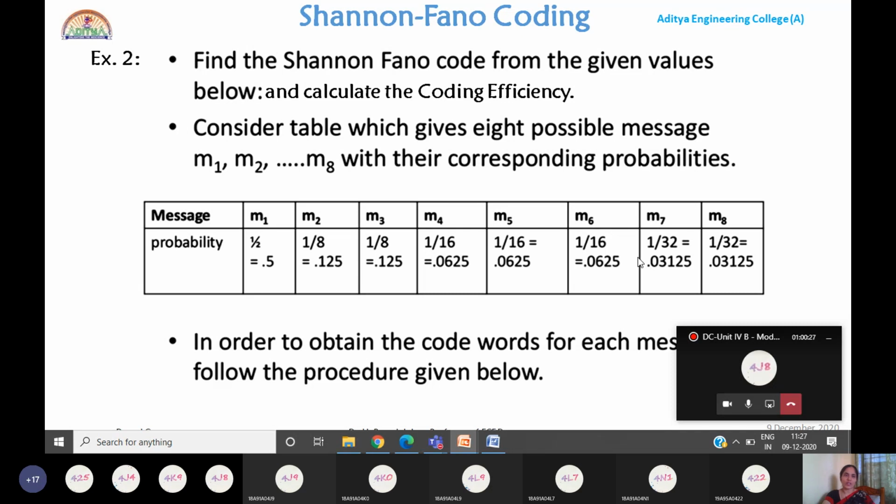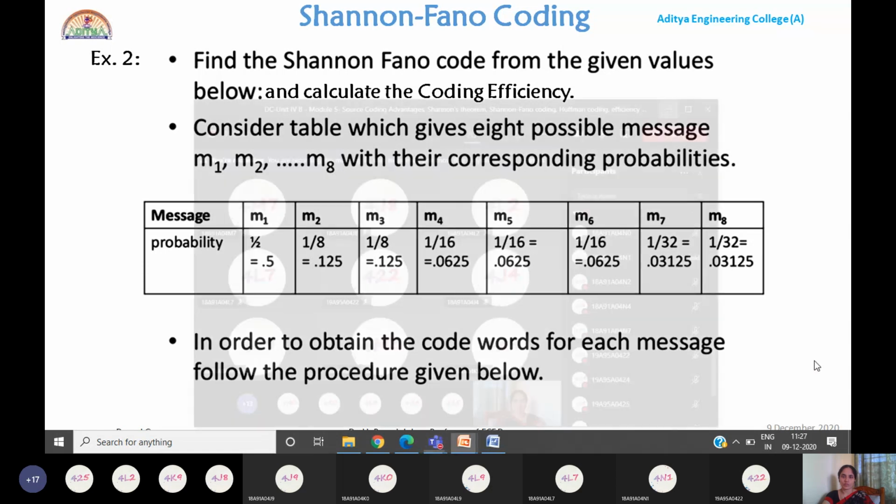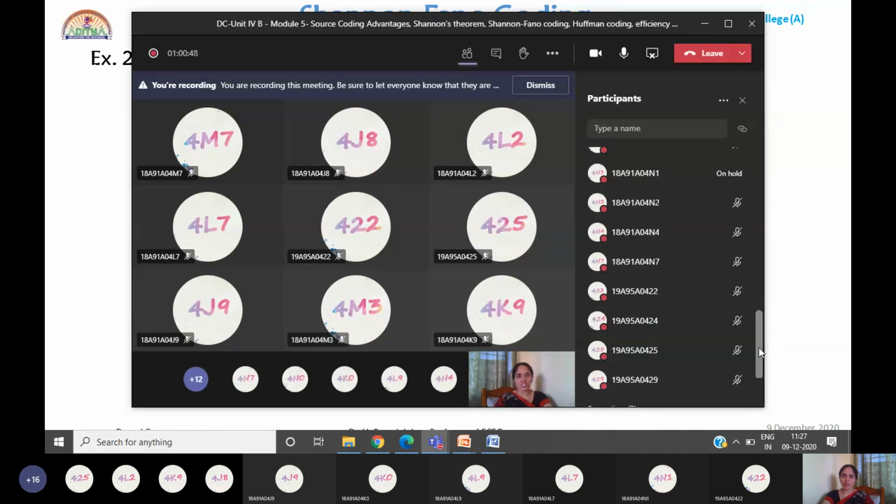Write down the corresponding values so that it will be easy to see which one is higher and which one is lower. So what is the first step in the Shannon Fano encoding process?